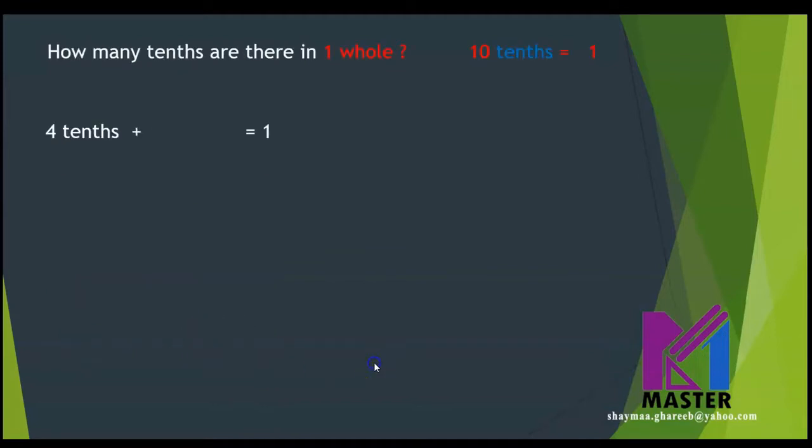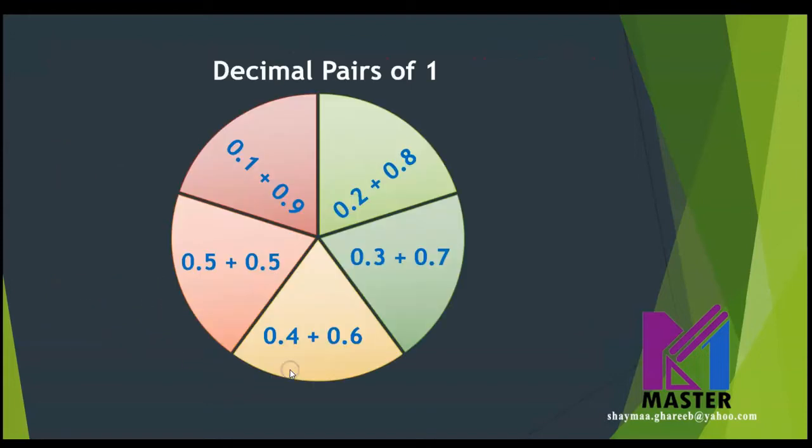Let's see one more example. What about 4/10? What do you think? Yes, 6/10. So 4/10 plus 6/10 gives 1 whole. 0.4 plus 0.6 equals 1 whole. If I have only 1/10, then I need 9/10 to make it 10/10. 1/10 equals 0.1 and 9/10 equals 0.9.